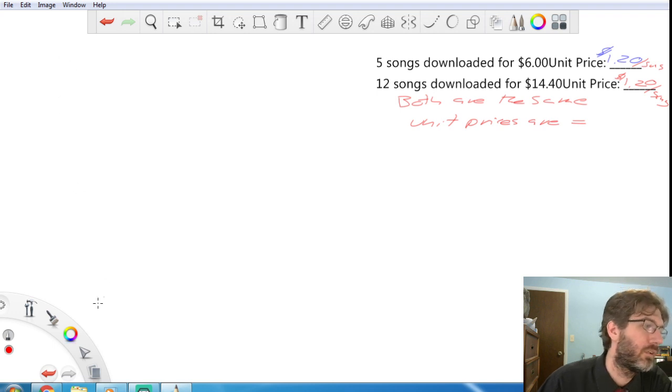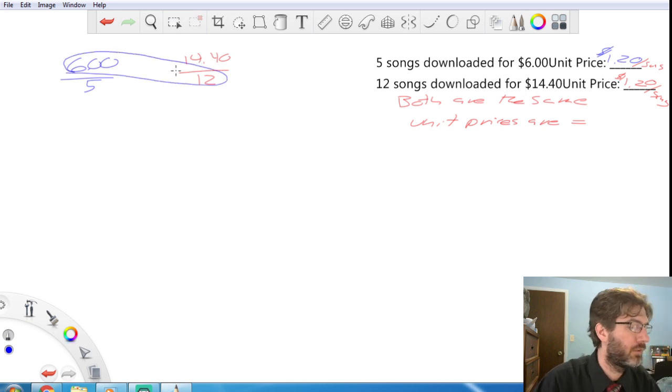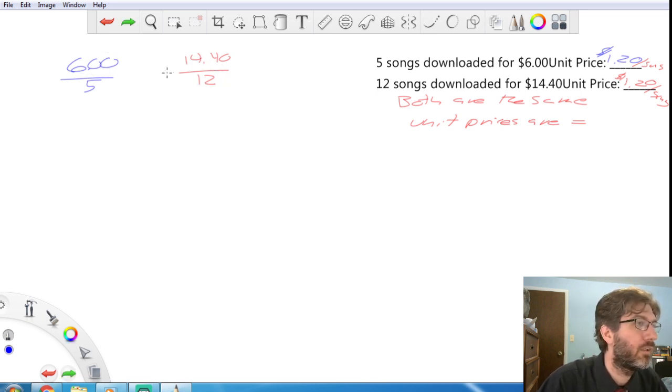So what is our... You got $6 for 5 songs, when you do cross products, compared to 1440 for 12 songs. So where do these numbers actually come from? What you're doing is you're doing this times your numerator. So you see that? What you're actually looking at is, hey, I want this times 12 as well and times 12 as well.